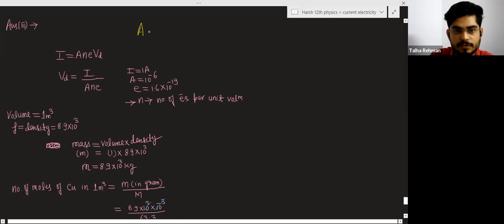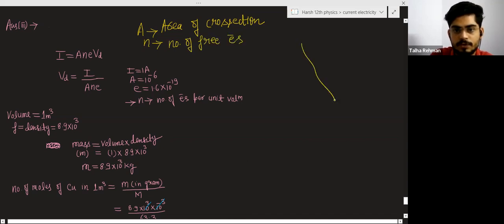I'm just writing here now. So A is the area of cross section. N is the number of free electrons per unit volume.